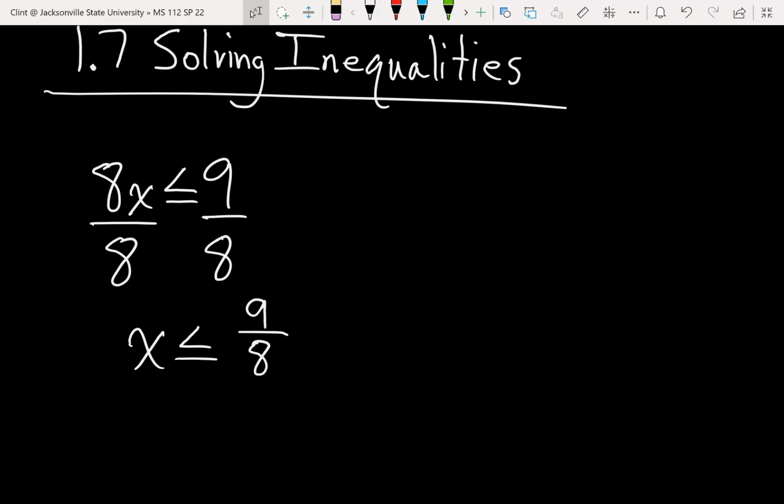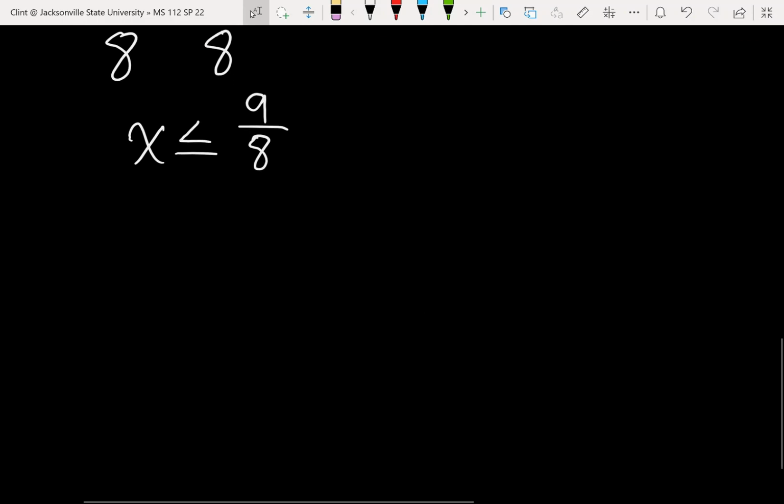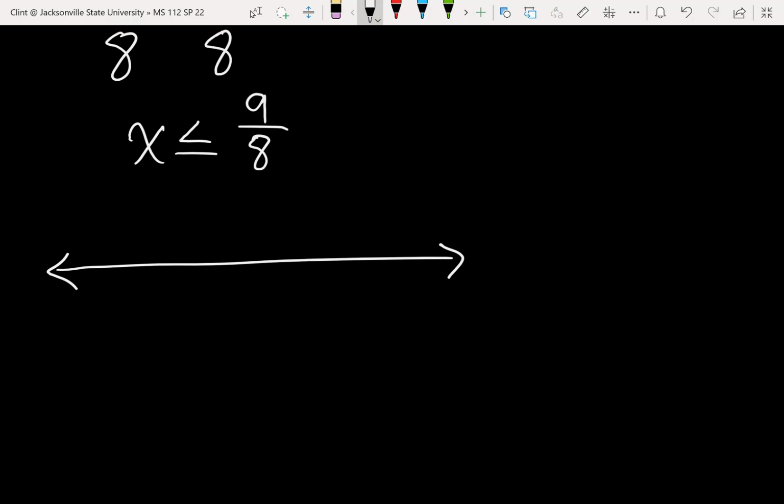So to represent that, this is one way. We can say all the x values that are less than or equal to 9 over 8.